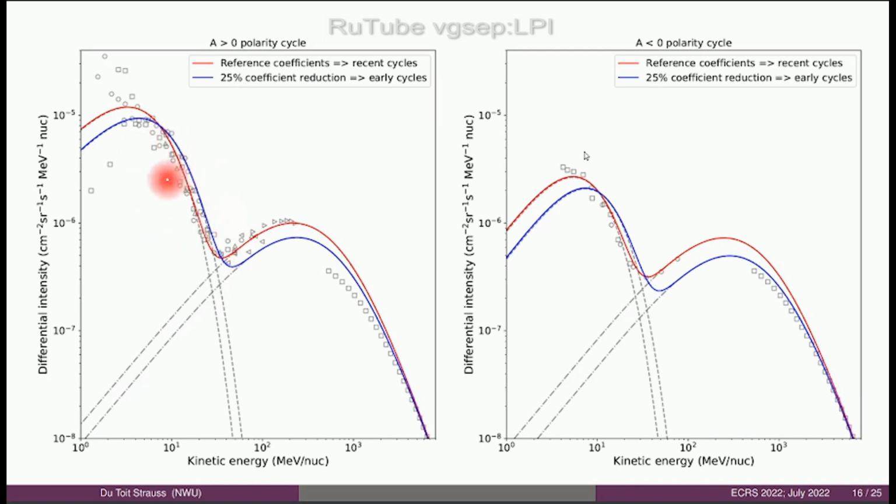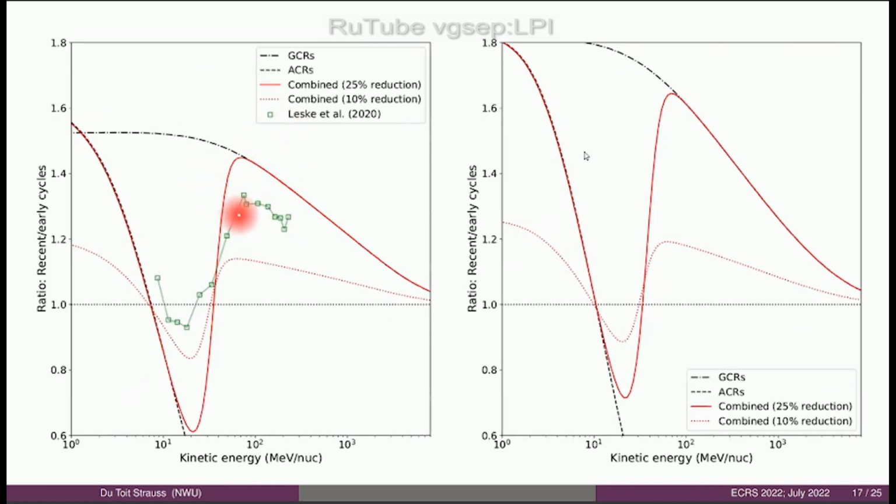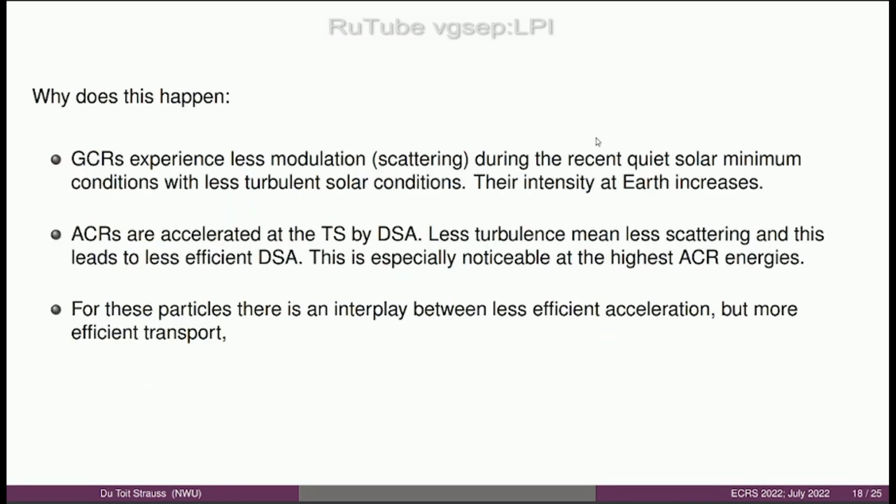You have the increase happening over here. The question is why? And is it consistent with the observations? Sure, it's consistent with the observations. There's our modeled ratio and the ratio from the data, and it seems to make sense. Why is this the case? Well, this seems to be something that pops out from the diffusive shock acceleration process.